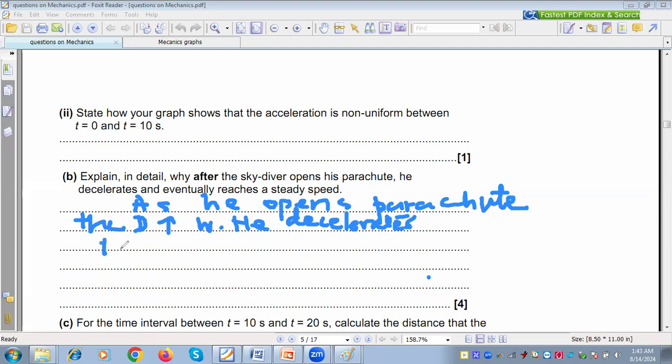Due to the decrease in speed, what happens? Air resistance also decreases. The greater the speed, the greater will be the air resistance in the opposite direction. Due to the decrease in speed, D, that is air resistance, decreases. And he attains the lower steady speed.